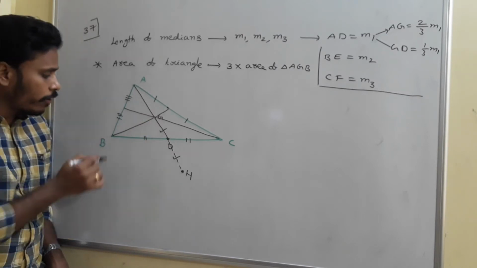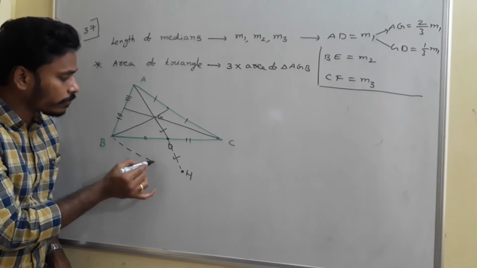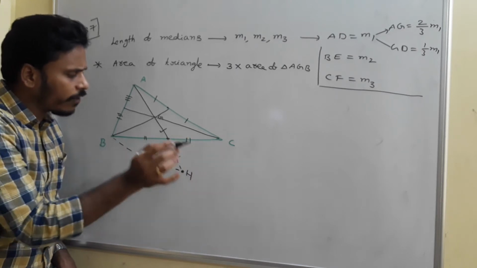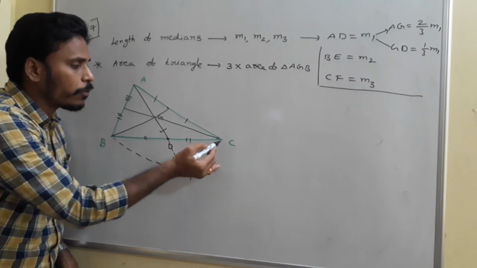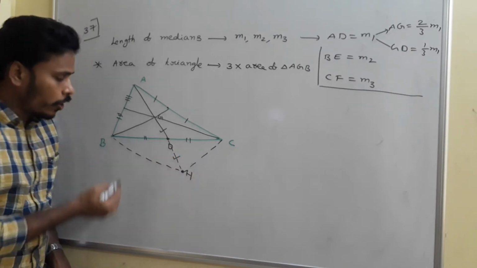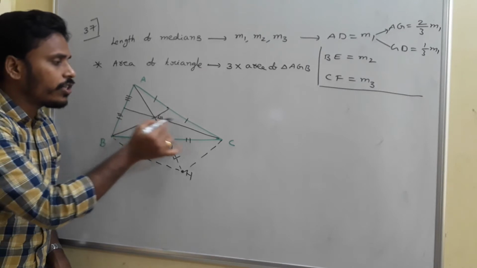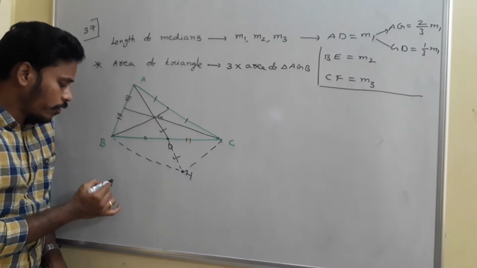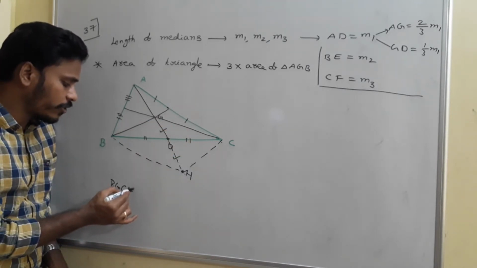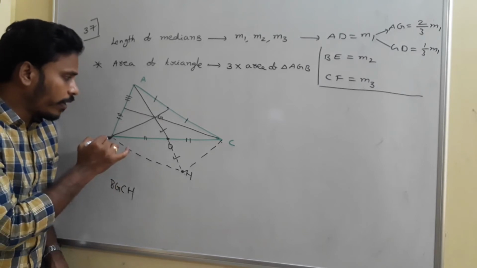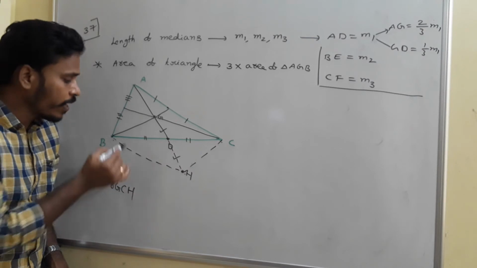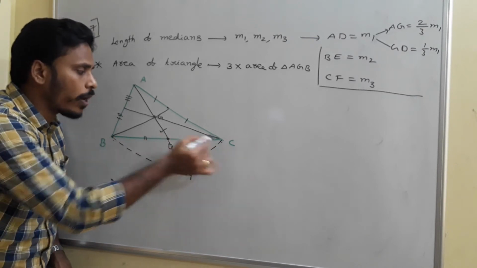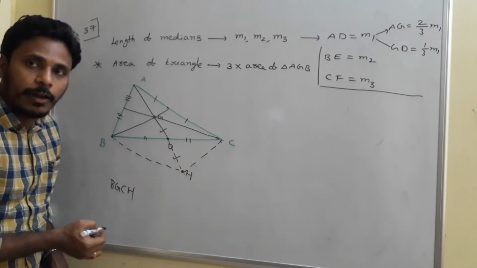Now if you join BH, and again join CH, look at this BGCH. For this BGCH, it's a quadrilateral because four vertices are there, and BC is one diagonal, GH is the other diagonal.